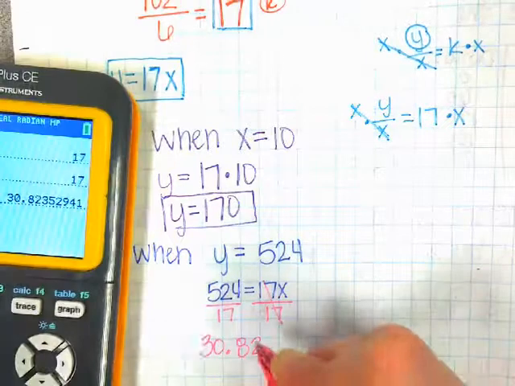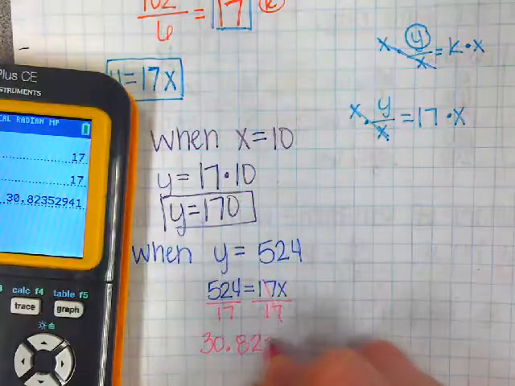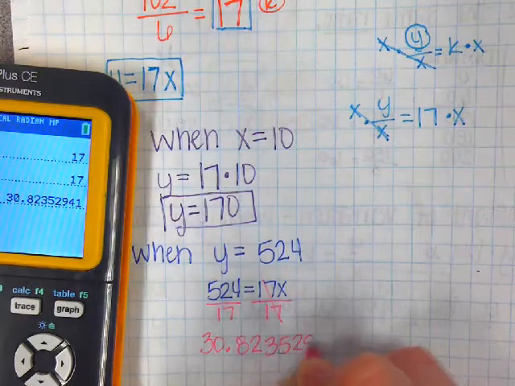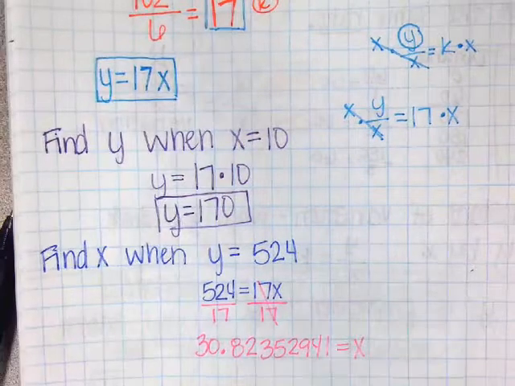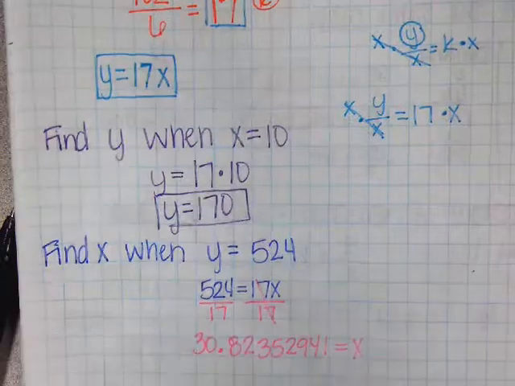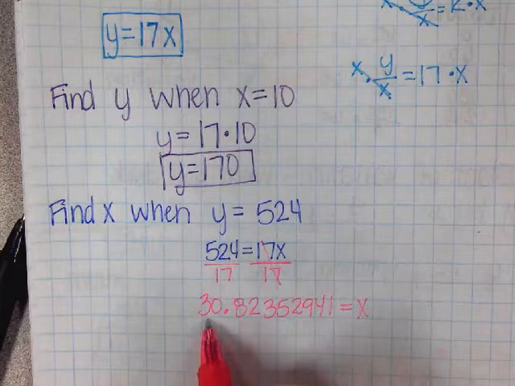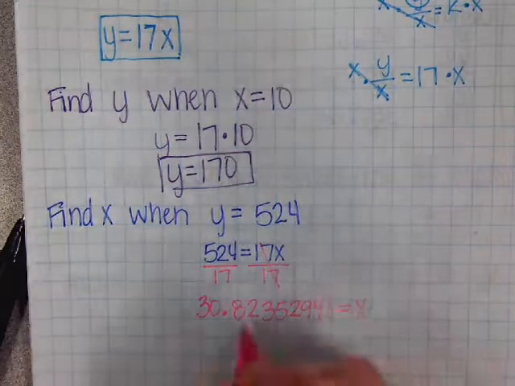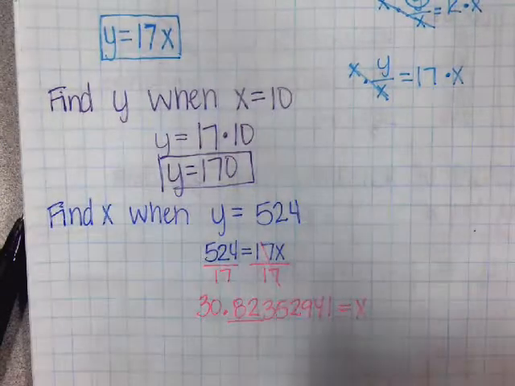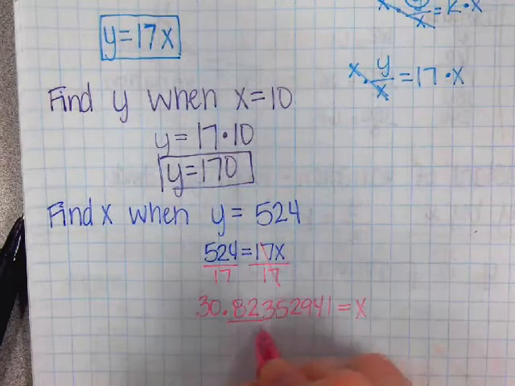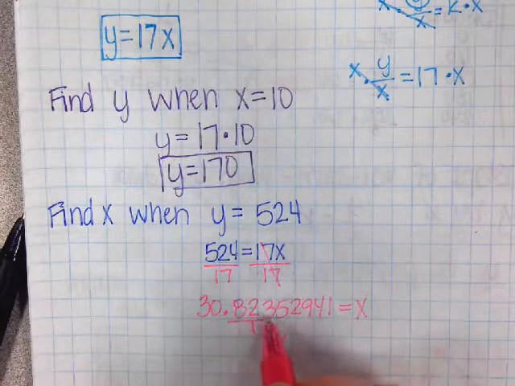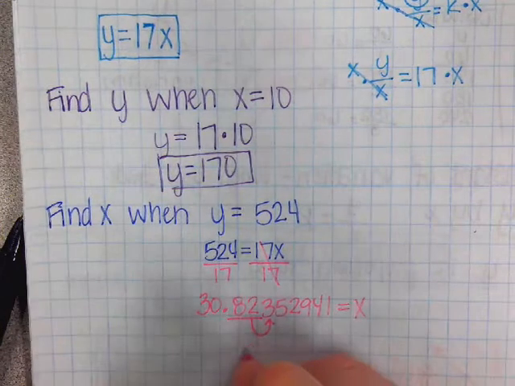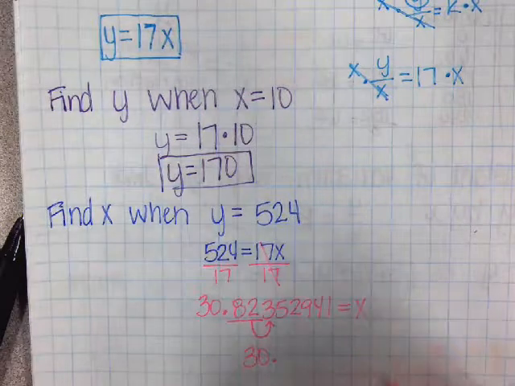is 30.82352941. On your assignment, it tells you to round to the hundredths place. So if you get any of them that are like this, you're going to round to the hundredths place. Remember, hundredths place means there are two decimals, so you want two decimals and look at the third.